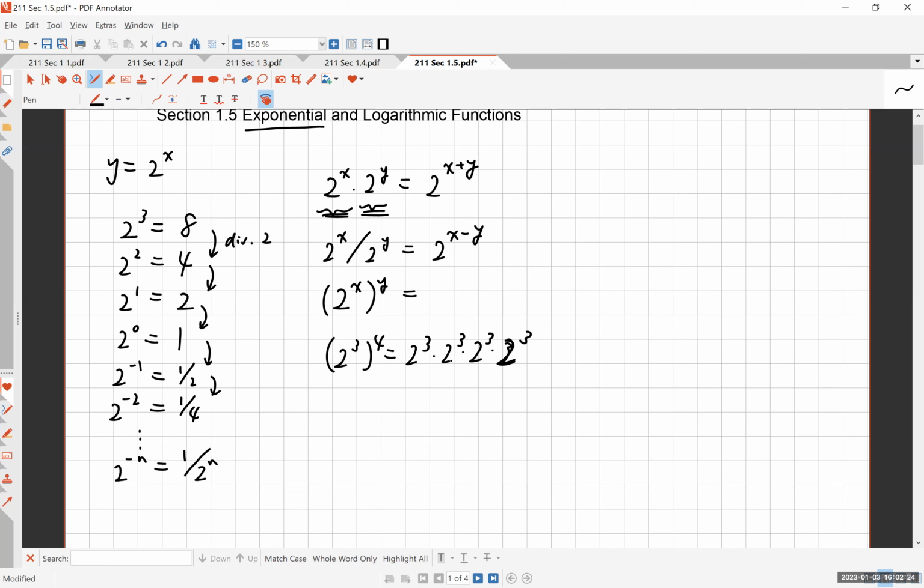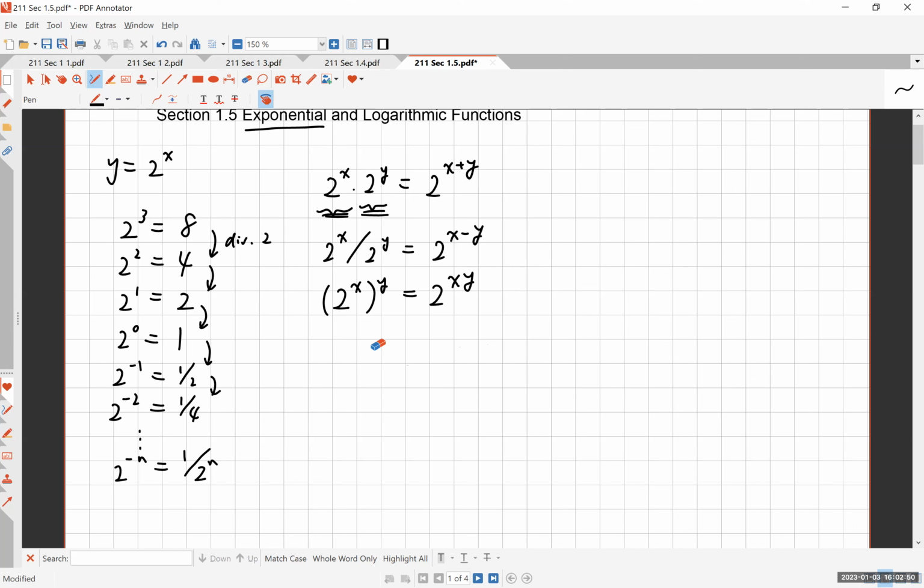Altogether, you have 2 to the 3 plus 3 plus 3 plus 3, that's 12. And you can easily see that this can be written as the product of x and y. So when you take the x power followed by the y power, then the new exponent will simply be the product of x and y.